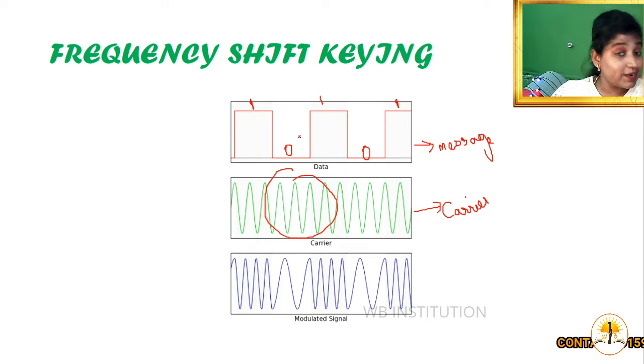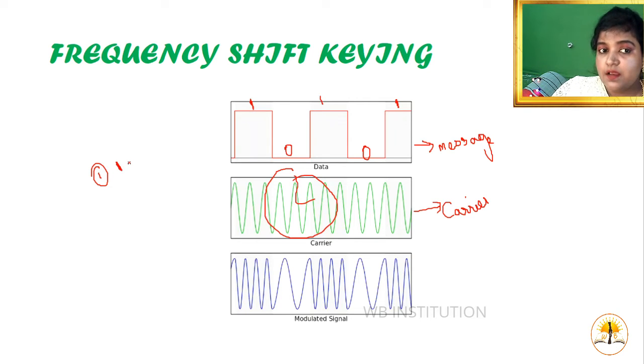So we'll see what is happening. Let me get into the mantras. The first mantra under frequency shift keying: when digital signal 1 is transmitted, the output signal has a higher frequency.